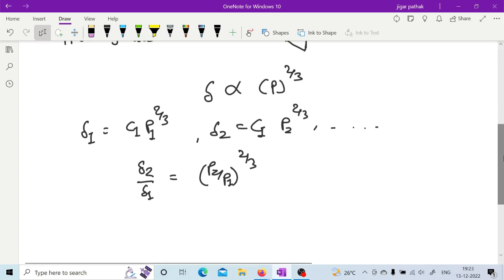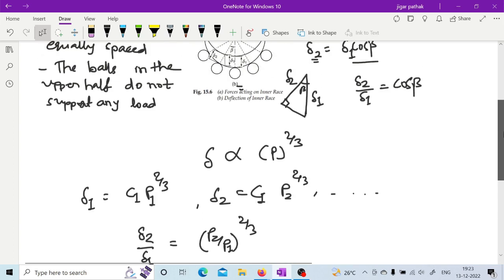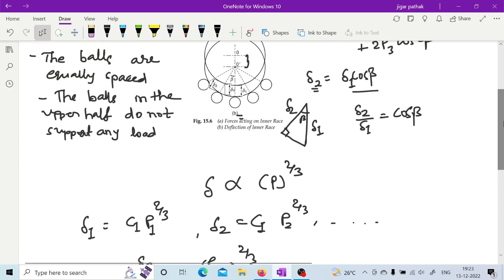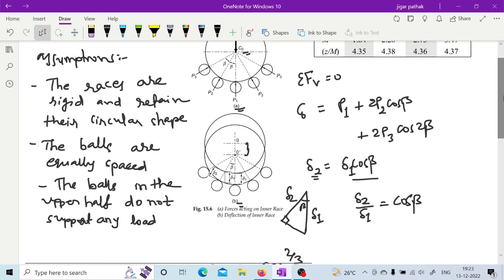So here this particular deflection is proportional to the load, right? Whatever load P1, P2 is acting. So this deflection is proportional to the load raised to the 2 by 3 according to the Hertz equation.